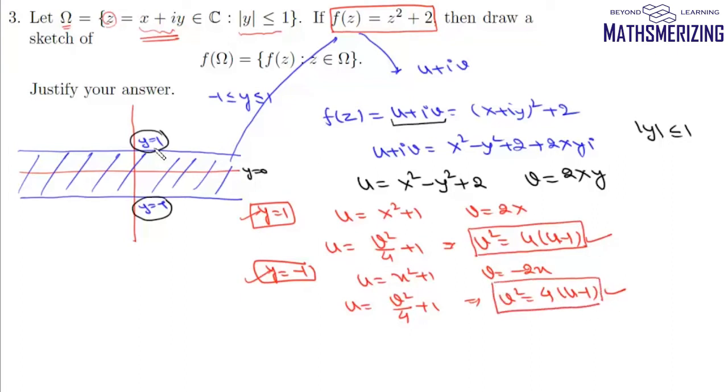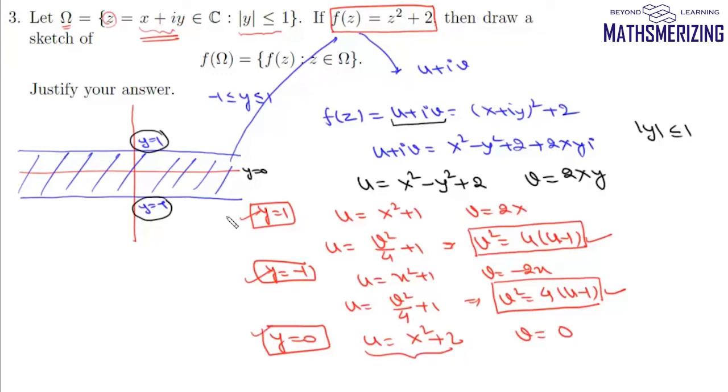Now if we put y as 0, in that case we'll get u as x square plus 2 and v as 0. In that case we'll get a ray lying on the x-axis, which is greater than or equal to 2. Its y coordinate will be 0.